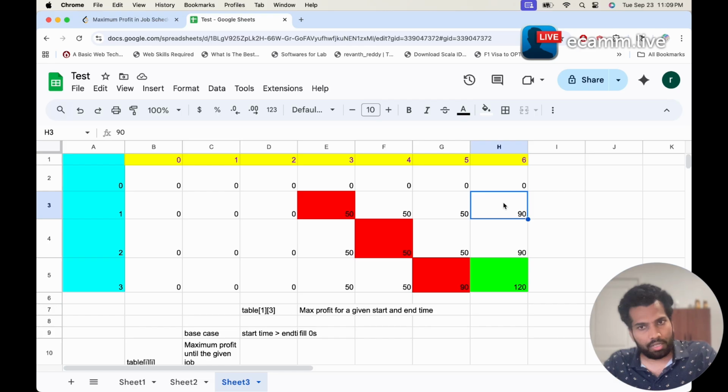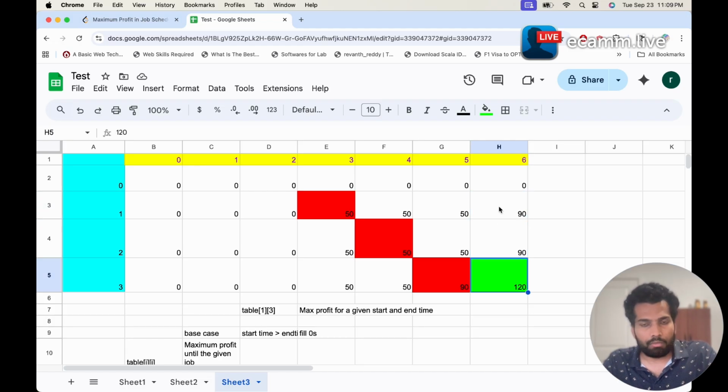So our equation states that if there is no job, we fill the max at the previous end time, right? The previous end time here is 90, so we just fill it with 90. The same thing here, we do not have the job with 2 comma 6, so we fill it with the previous max, which is 90.